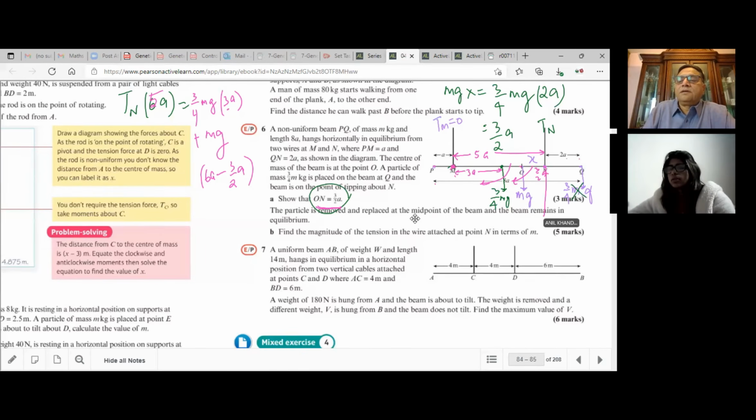Let us say from here, 8a minus 2a is 7a, correct? If I further take away a, it becomes 6a, correct? And from 6a, I take away 3 by 2a. So I get 6a minus 3 by 2a. But we want O to M. We want O to M, yes.